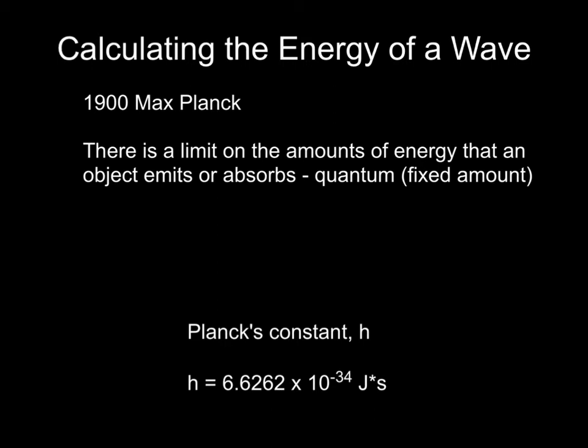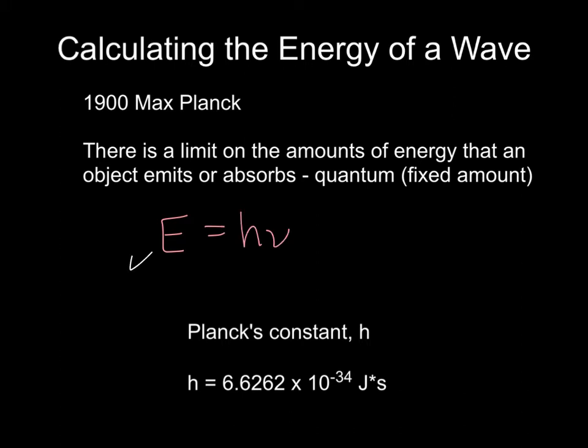With his work, Planck was able to establish an equation for energy. In this equation, we don't use Q. The reason why we don't use Q for energy is because we're borrowing it from physics. E is energy, and it is equal to h nu.